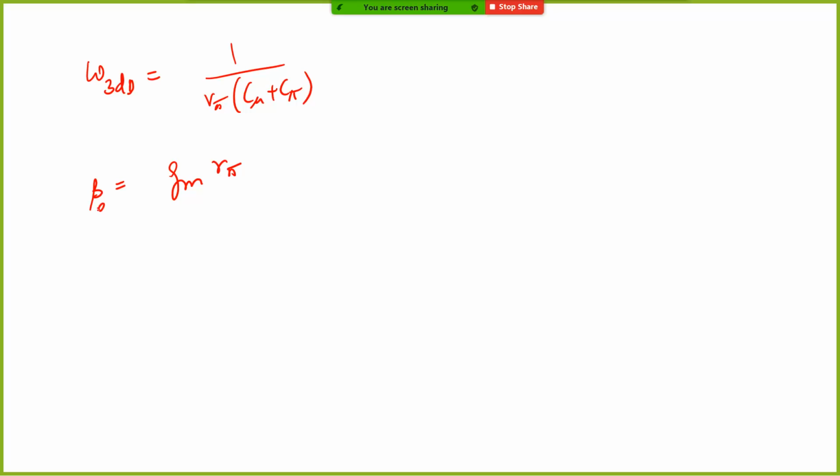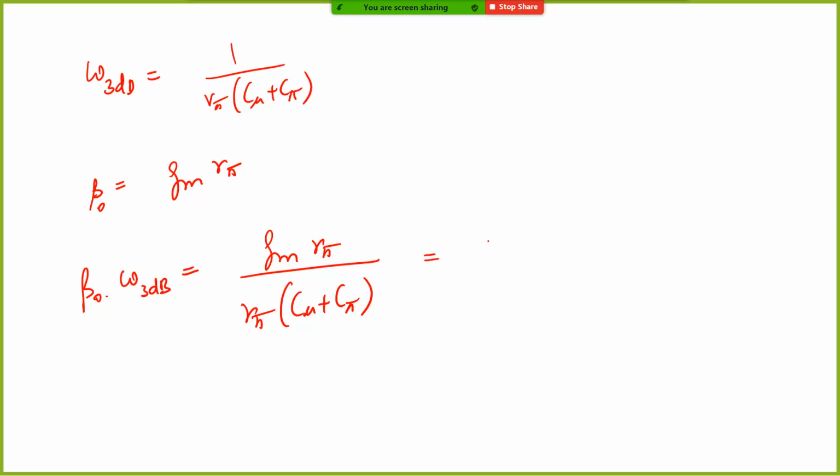Now if you multiply these two, beta naught times omega 3 dB, what do you get? GM R pi divided by R pi times (C mu plus C pi), which is nothing but GM by C mu plus C pi, which is omega t.